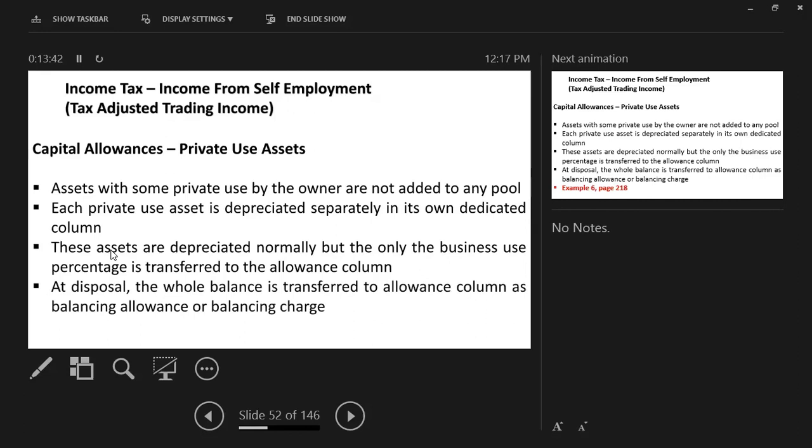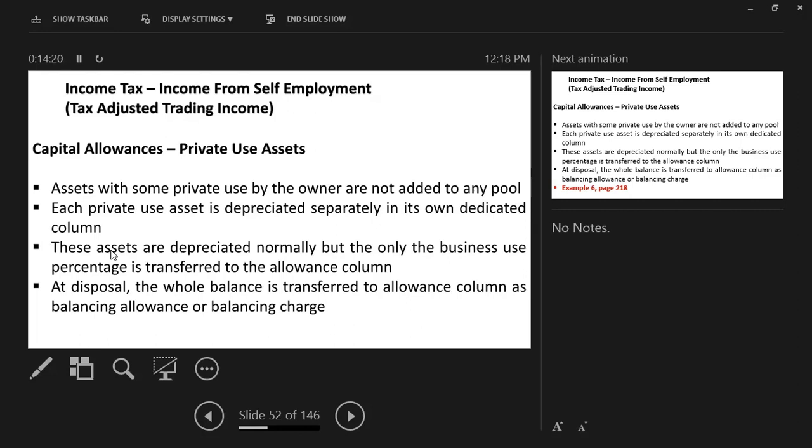Right, next point. At disposal, the whole balance is transferred to the allowance column as balancing allowance or balancing charge. This is self-explanatory again.